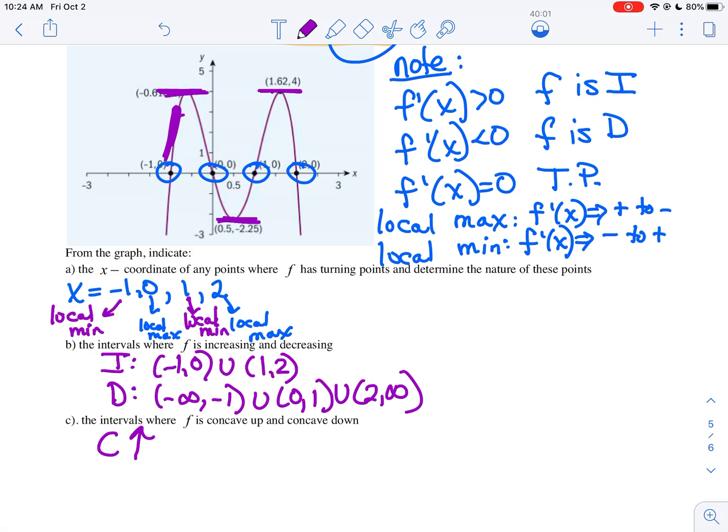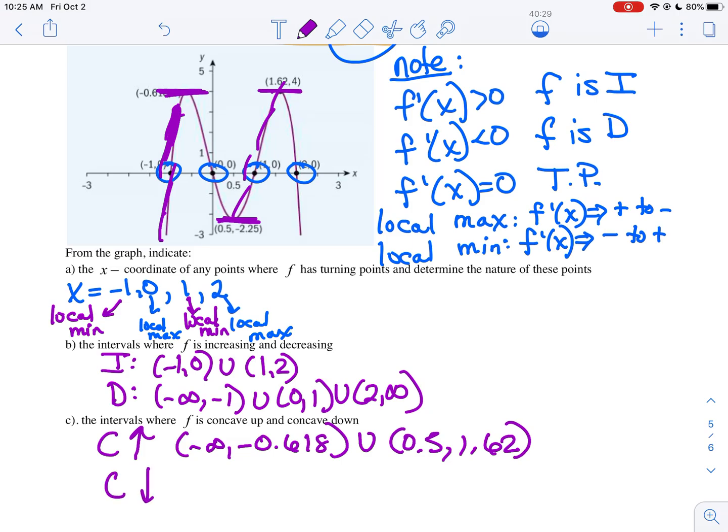So the second derivative is positive from negative infinity to negative 0.618. Do you see it's positive here, here, and here, union 0.5 to 1.62. Then it's concave down from negative 0.618 to 0.5, and then concave down from 1.62 to infinity.